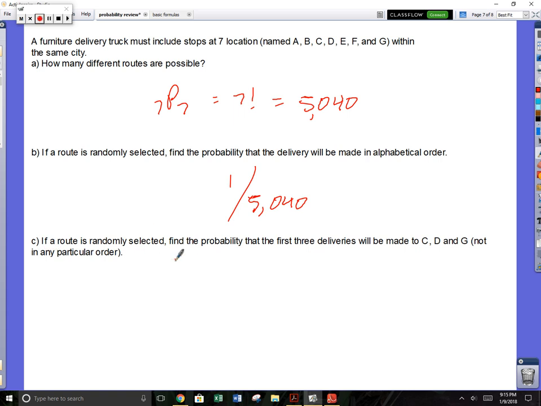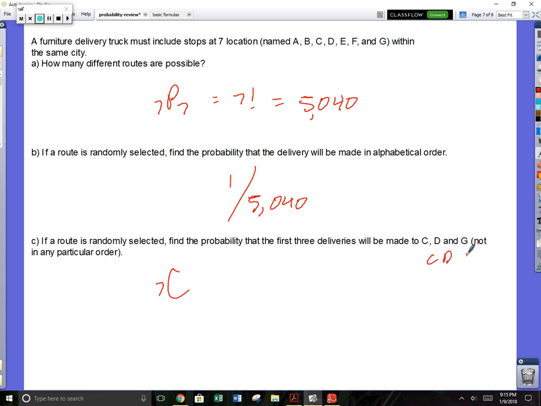Okay, if a route is randomly selected, find the chances that the first 3 deliveries will be made to C, D, and G. Okay, so here's the math. Of those 7, it's a combination.